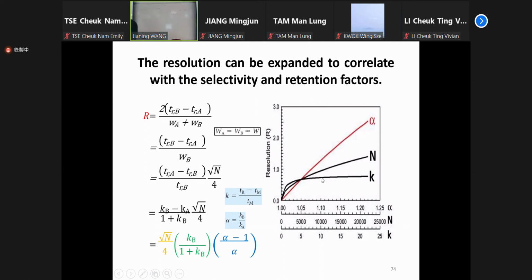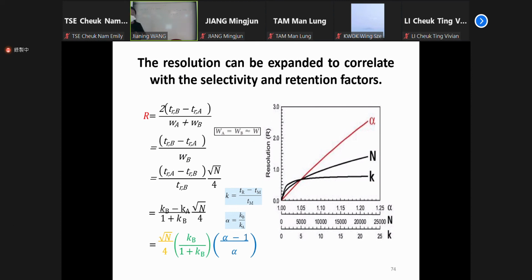Another important thing is this equation: the longer the retention time, the bigger the k. So too big k cannot contribute to resolution, but it will cost a lot of time for the separation.